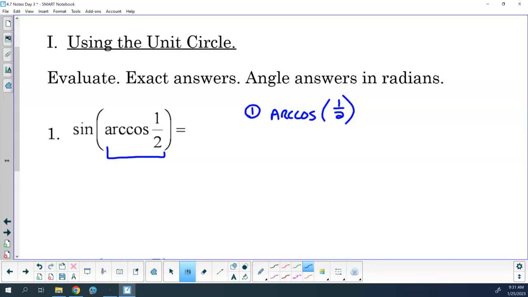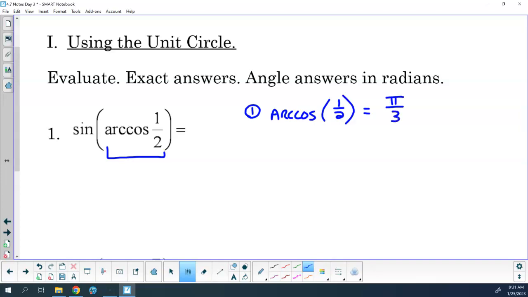Top half of the unit circle. So on the top half of the unit circle, where is cosine 1/2? Yeah, pi over 3.